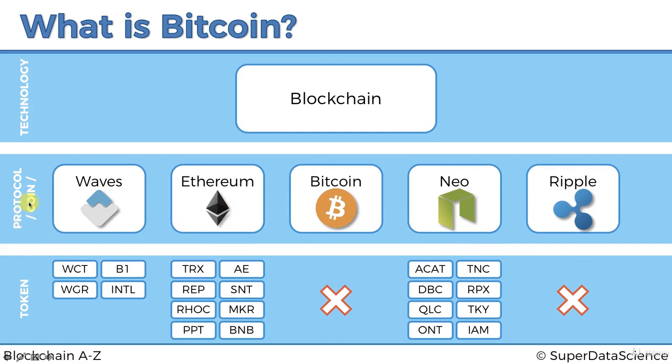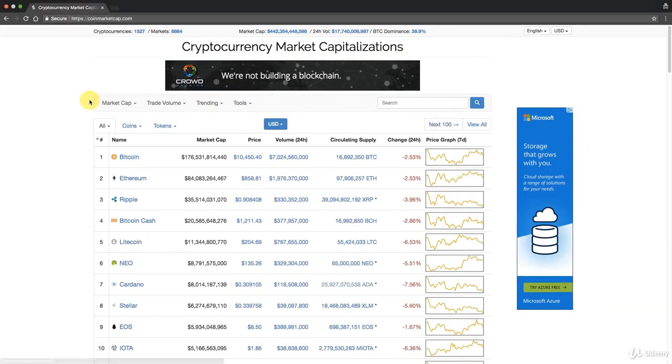For now, it's very important to understand the difference between a coin and a token, and that ICOs refer to tokens rather than coins. Let's have a look now at this website, which is called coinmarketcap.com. You've probably seen people reference this website if you've been dabbling in the world of cryptocurrency and maybe watching some videos on YouTube.